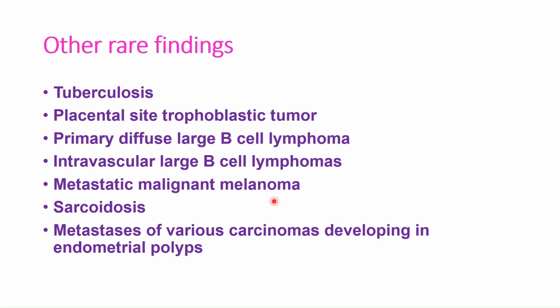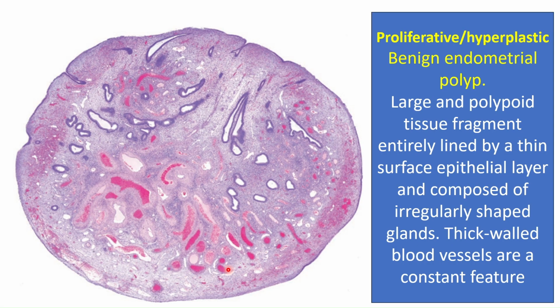Other rare findings that we can come across in polyp are tuberculosis, placental site trophoblastic tumor, some B-cell lymphoma, metastatic malignant melanoma, sarcoidosis, and metastasis of various carcinomas developing in endometrial polyp, which include CA cervix, stomach carcinoma, gallbladder carcinoma, bladder carcinoma, etc.